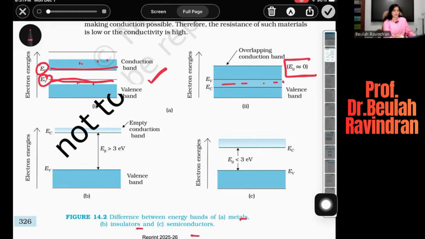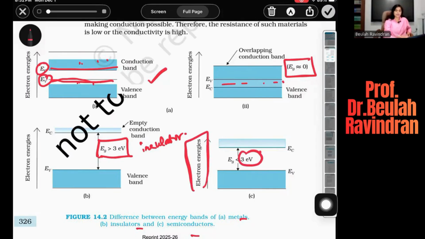That is, Eg is almost equal to zero. Okay. If the energy band gap is 3 electron volt or more than 3 electron volt, then it acts as an insulator. If it is very much less than 3 electron volt, then that is a semiconductor. Okay, these are all illustrated here.